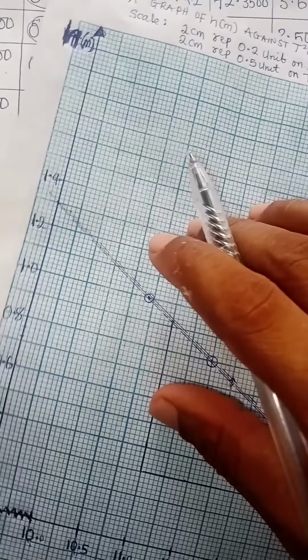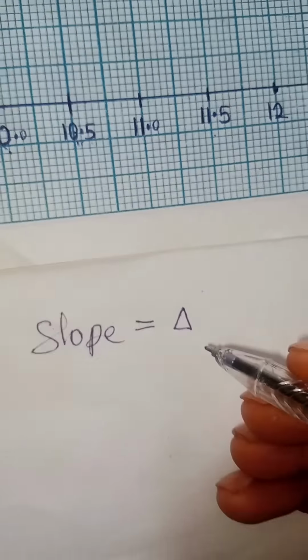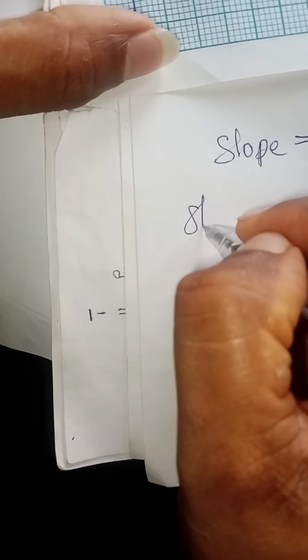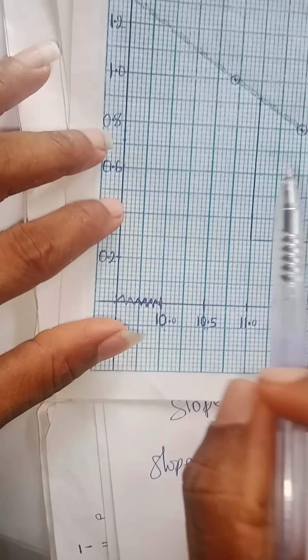So the slope here is equal to the change in h, in meter, put the unit, over the change in t squared, put the unit.